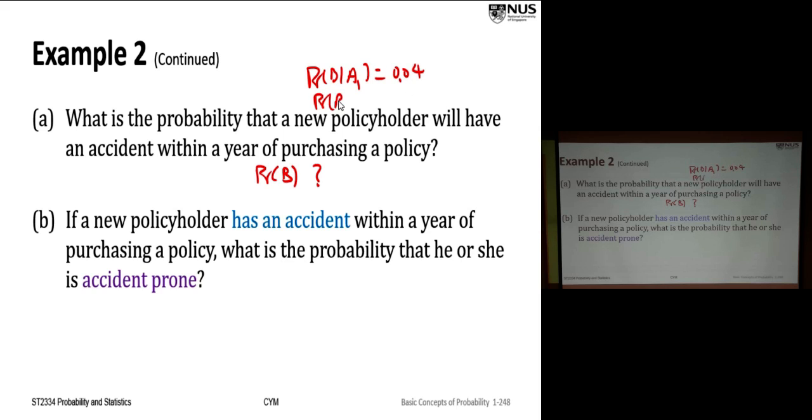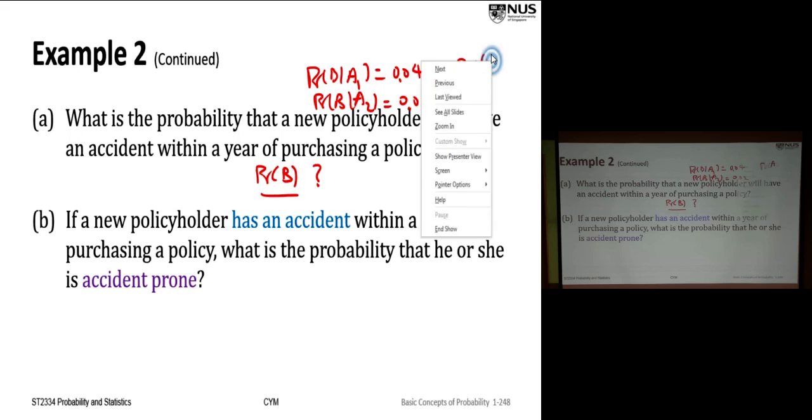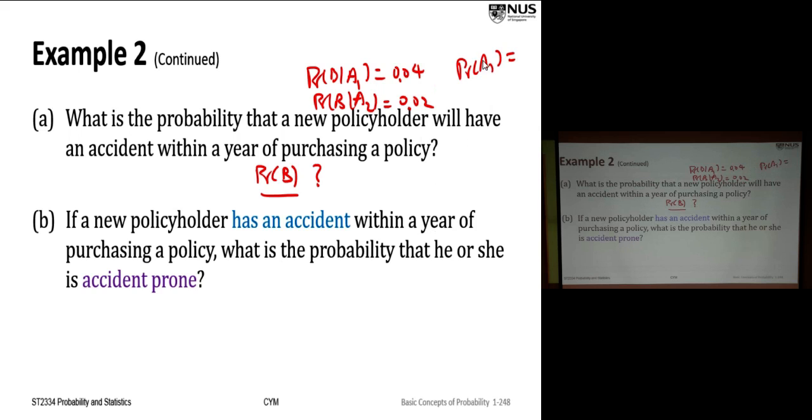If from the A2 group, or A1 complement, it is 0.02. Without knowing the probability of A1 and A2, you cannot proceed. But we are told that 30% of them are A1.